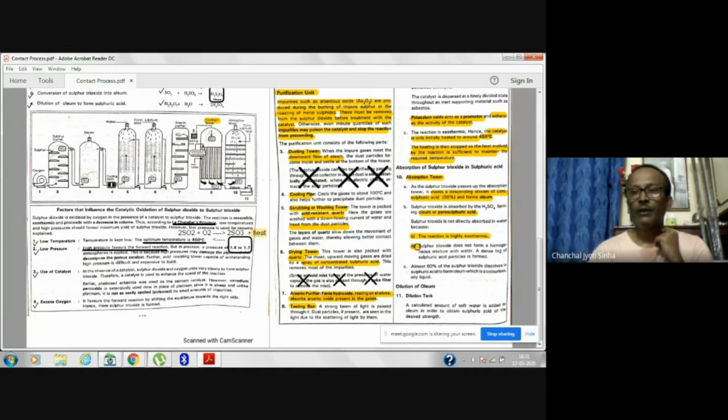And number 2, sulfur trioxide does not form a homogeneous mixture with water. That means it doesn't dissolve in water satisfactorily. A dense fog of sulfuric acid particles is formed, which is a waste and cannot be condensed back into liquid form.